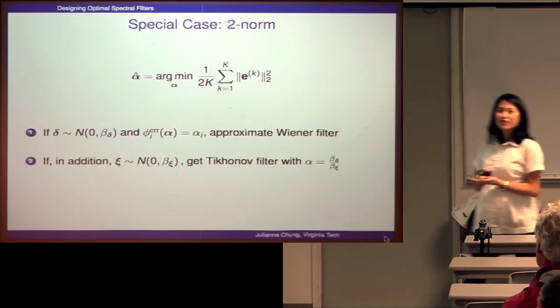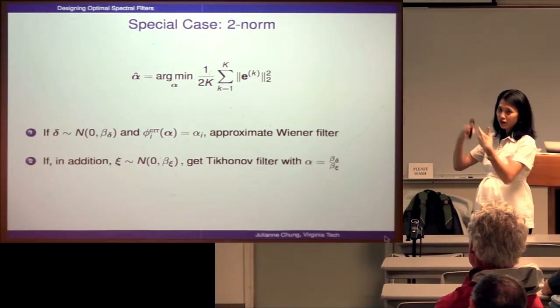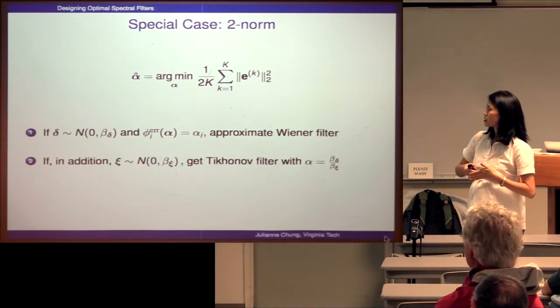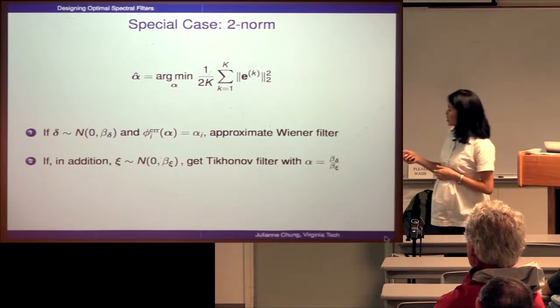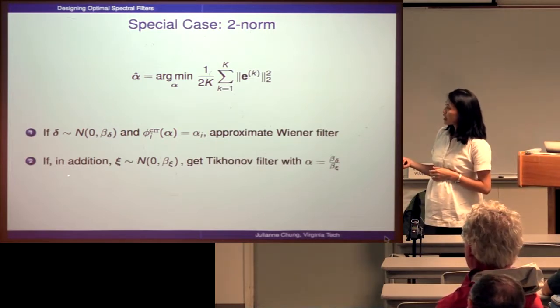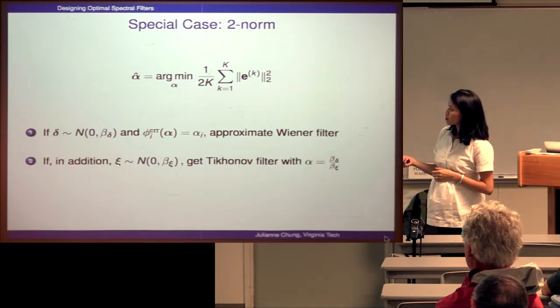We're essentially solving for the Wiener filter, if you've heard of the Wiener filter in a signal processing framework. And in addition, if you assume something about your data, so these are your realizations, in our case, in our training images.